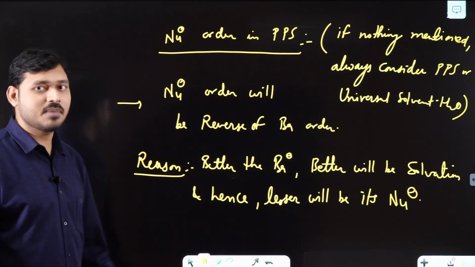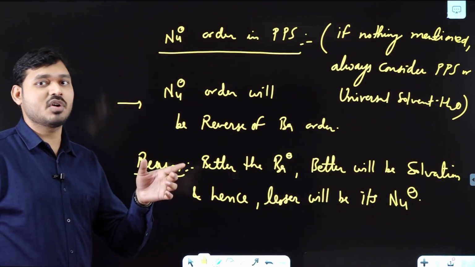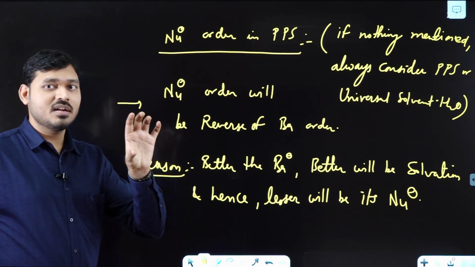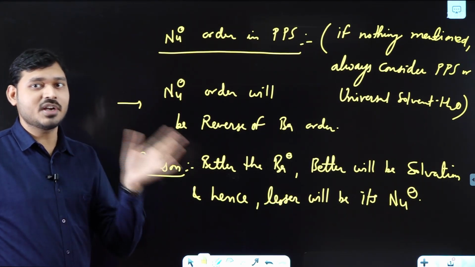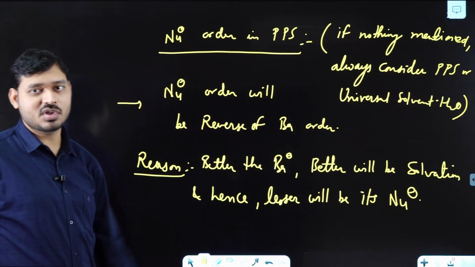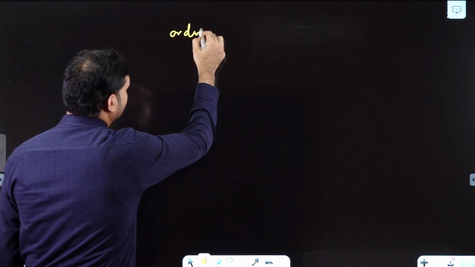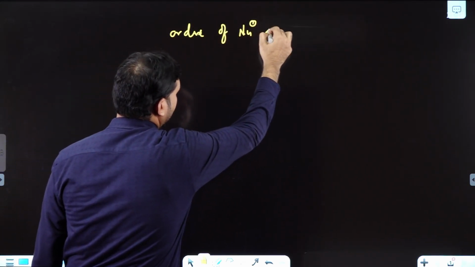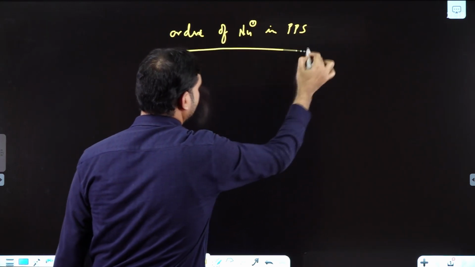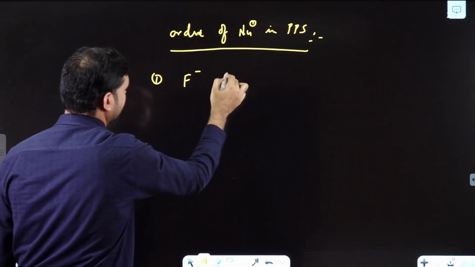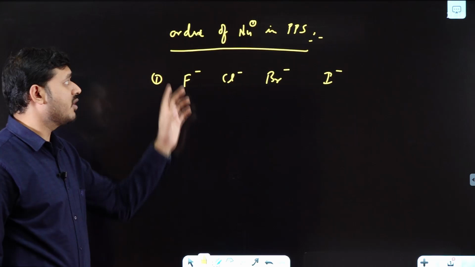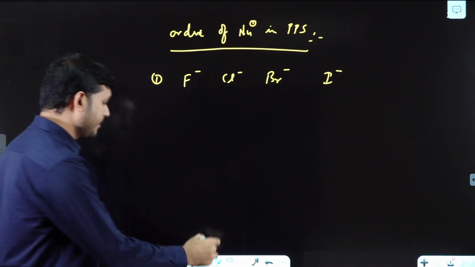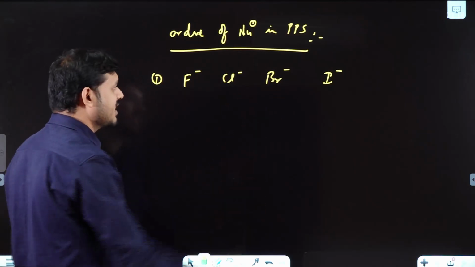Now if I have to say the polarization factor, in general what will happen? The bigger the anion, the bigger the nucleophile, it will be a better nucleophile. I considered this only in polar protic solvent. Now, in polar protic solvent, you have to tell the order of nucleophilicity. Then F minus, Cl minus, Br minus, I minus.